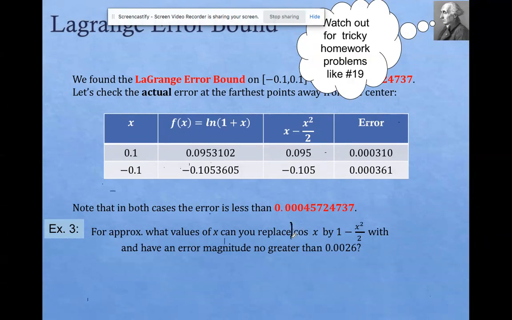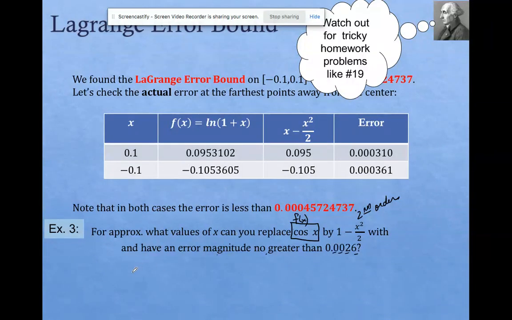They're giving you a function, cosine x. So there's my f of x. They're giving me an approximator, which is a second order. They want the error magnitude, which just means the absolute value, to be no greater than 0.0026.